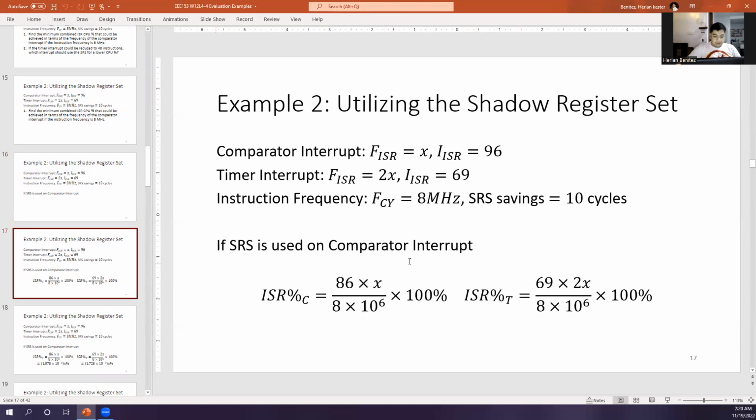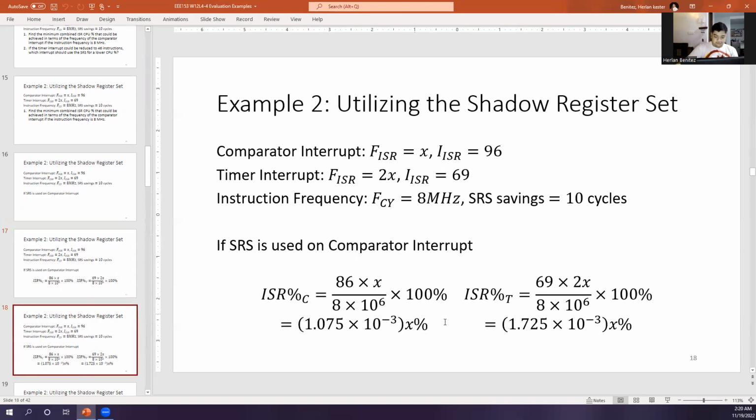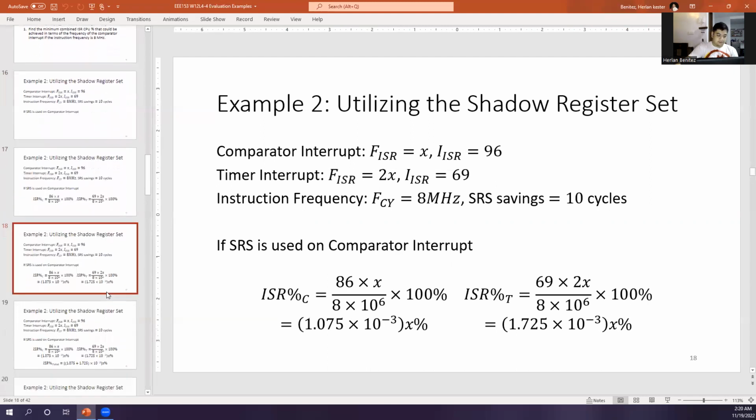So when we compute, the ISR percentage of the comparator is 86 times x over 8 times 10 to the 6. And for the timer, it's 69 times 2x over 8 times 10 to the 6. So this one is 1.075 times 10 to the negative 3, and this one is 1.725 times 10 to the negative 3, times the frequency of our comparator, in percentage points.